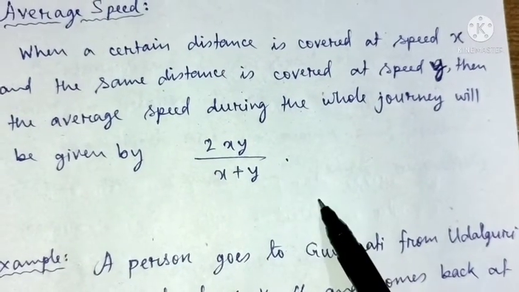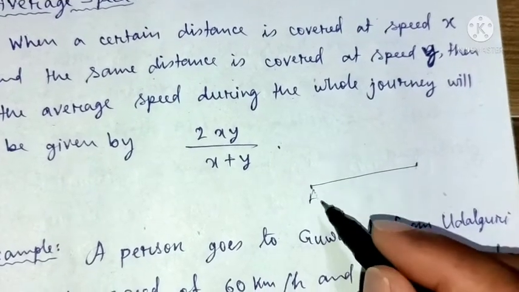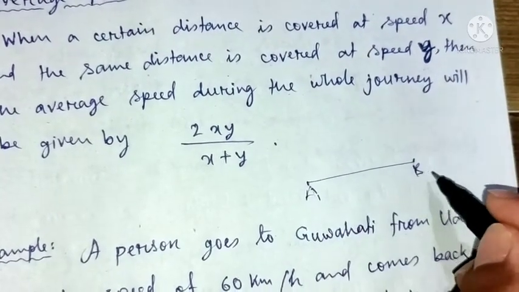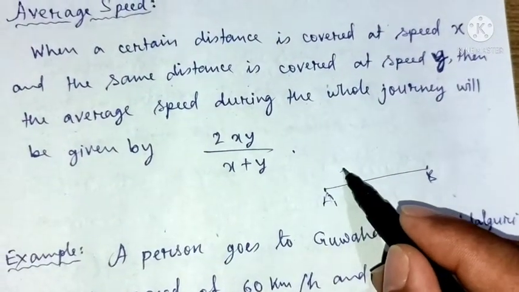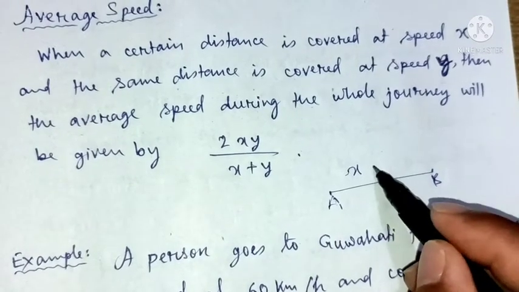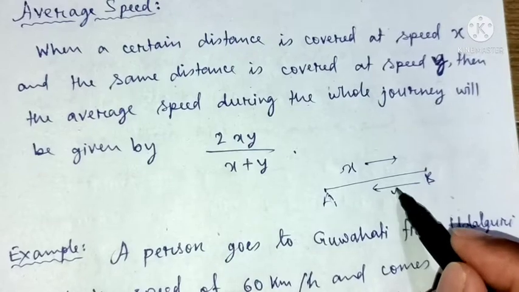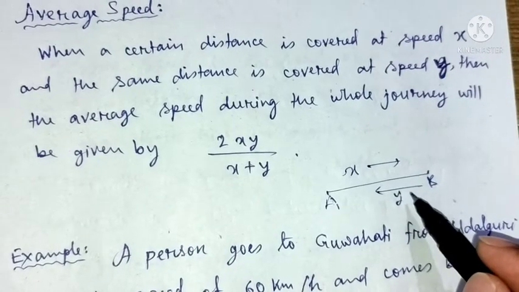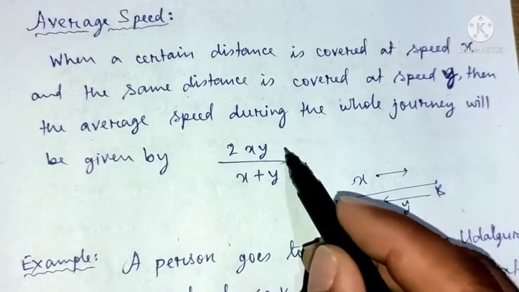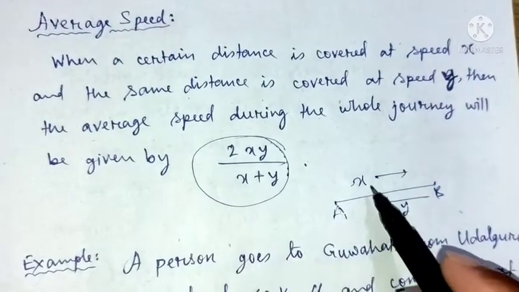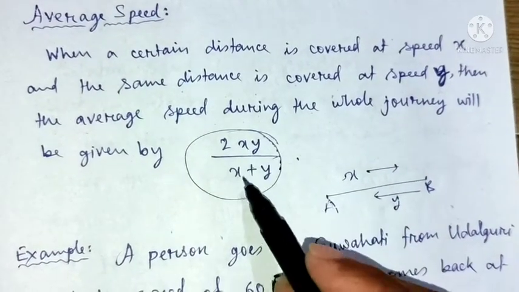That means from A to B, suppose this is position A, then there is suppose position B. When we take speed x from A to B, and similarly from B to A, if you take speed y, then the average speed will be given by this formula, twice of xy by x plus y, 2xy by x plus y.